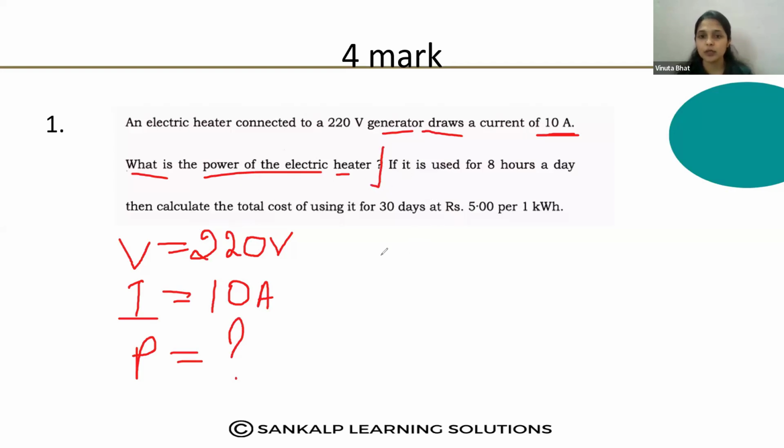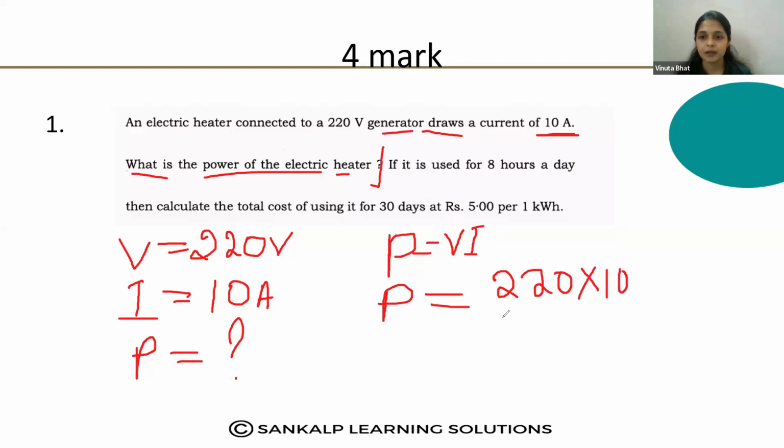So what is the formula? First you should write down the given data, then find out the power. P is equal to V into I, this formula you can use here. P is equal to V, that is 220, into I, that is 10 ampere. So what is the power?